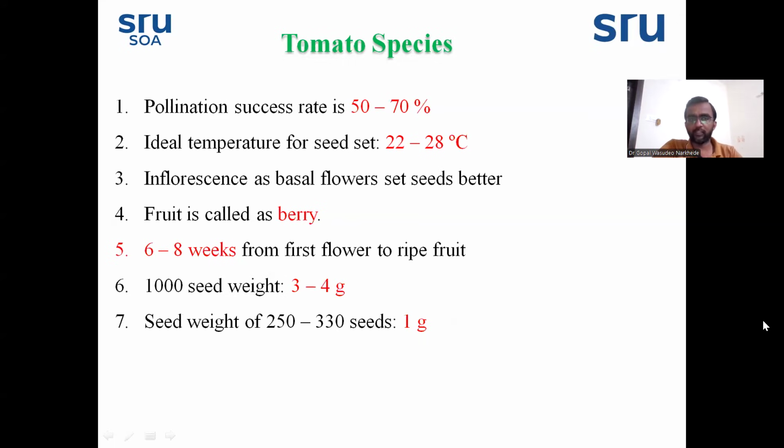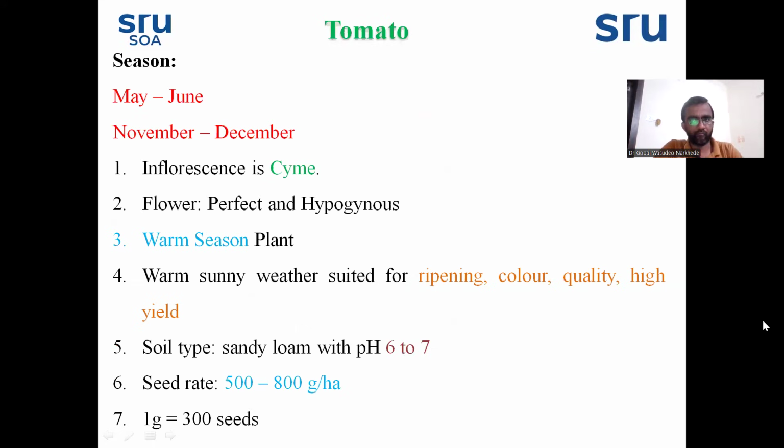Again, fruit is called a berry. The duration is 6 to 8 weeks from first flower to ripe fruit. 1000 seed weight of tomato is 3 to 4 grams. Then 250 to 330 seeds are equivalent to 1 gram. Right? So these are some basic informations.